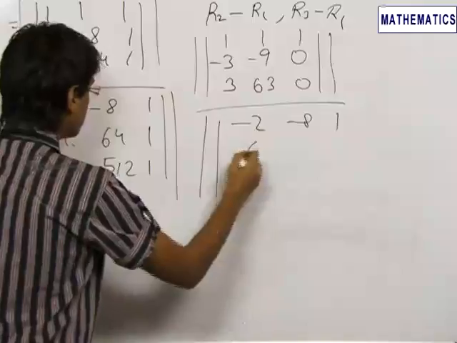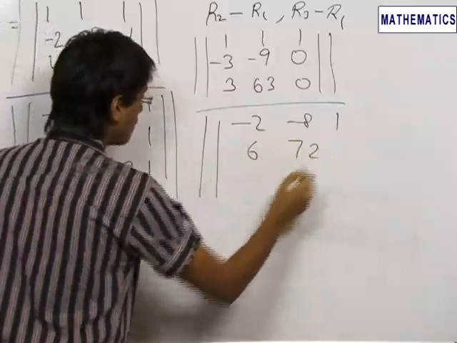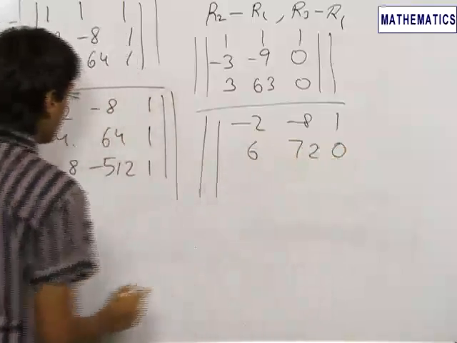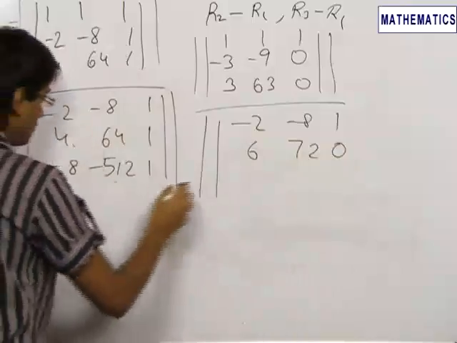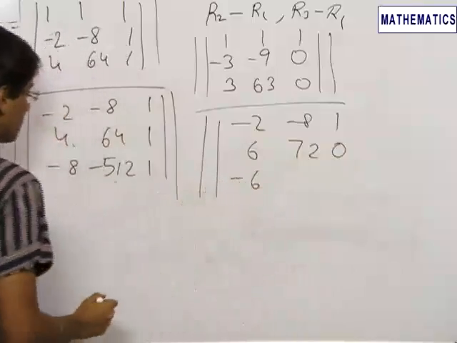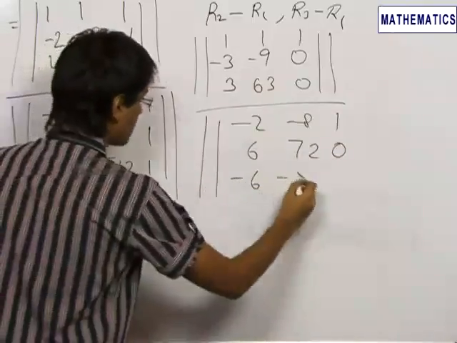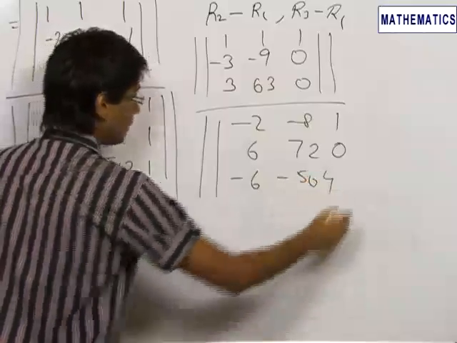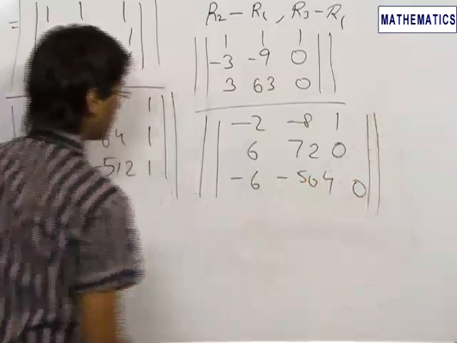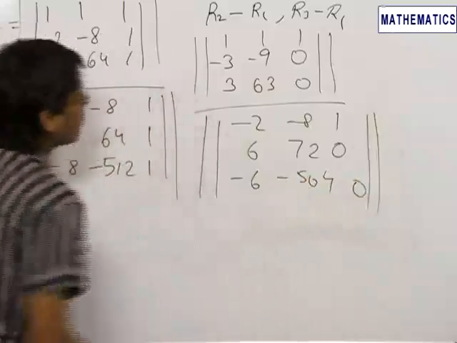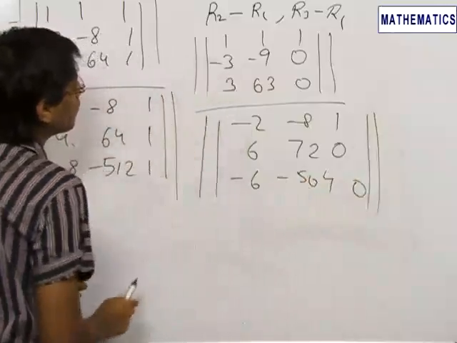This becomes 6, 72, 0. And this becomes minus 6, minus 504 and 0.